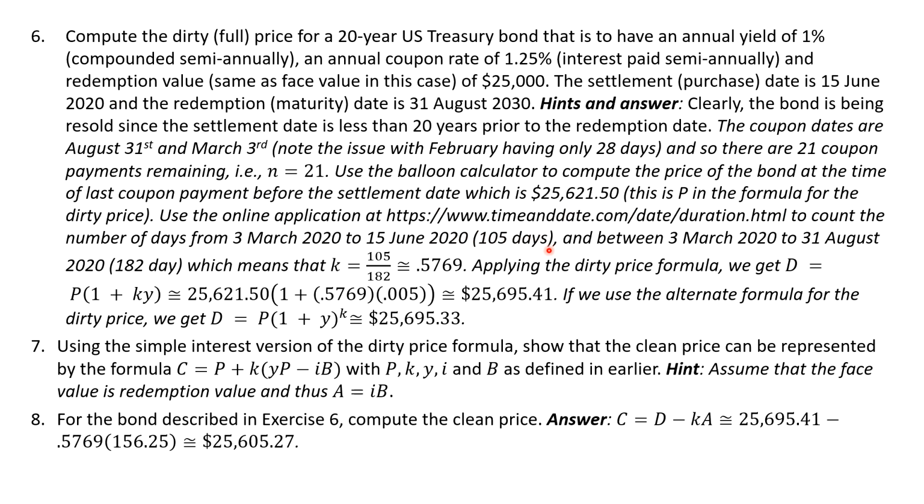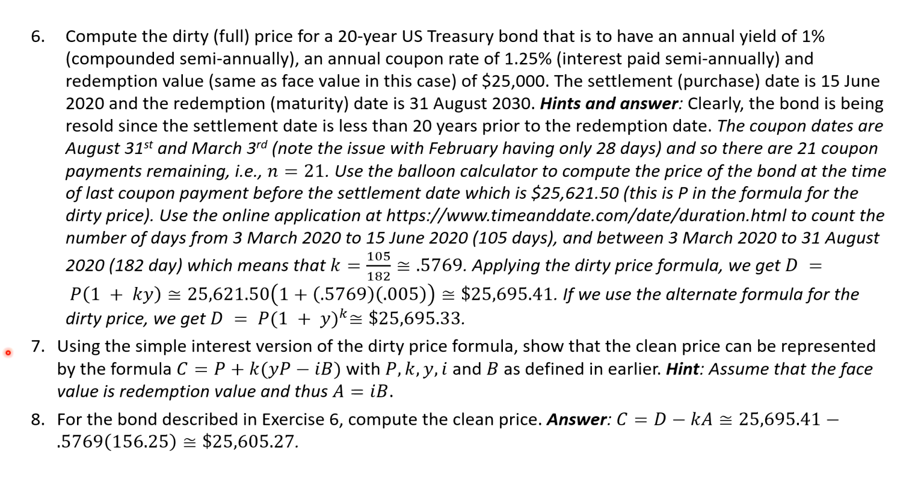So it was 105. And then, as I mentioned, there was 182 days in this coupon period. The other coupon period would have 183. And I could use that to compute K. And then I did the two dirty formulas, the simple interest. I got this value, and then I used the compound interest to get this value here.